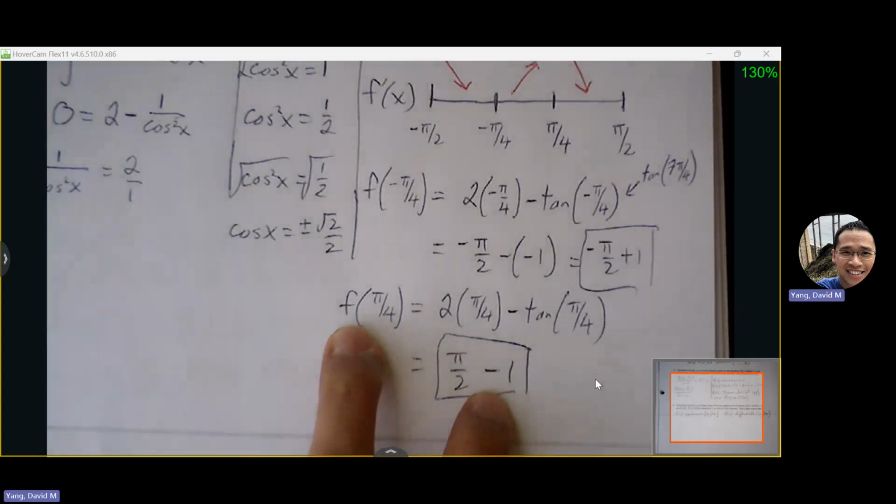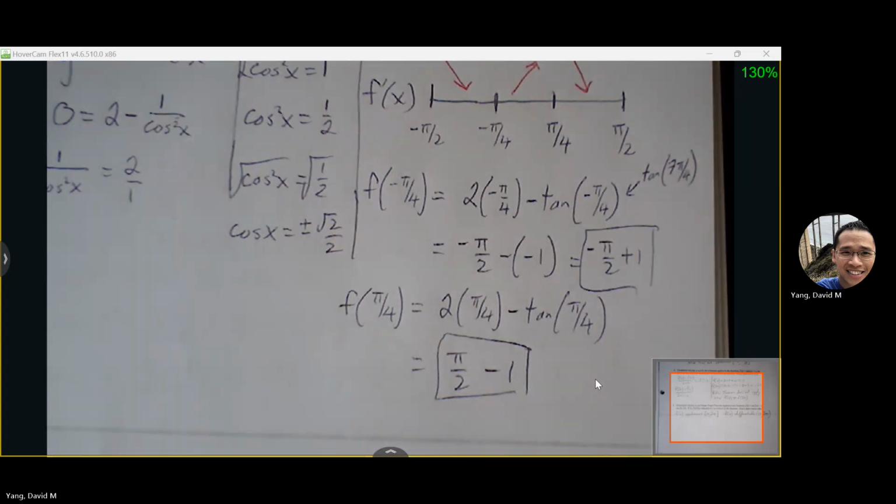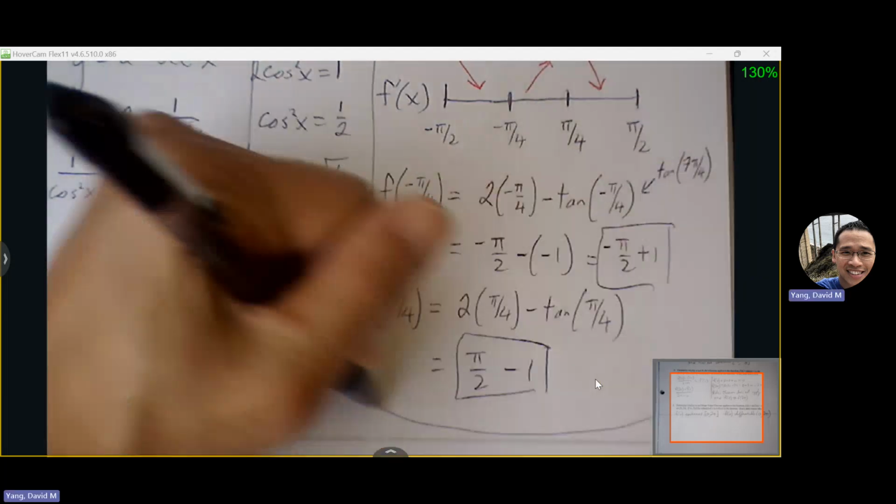That's the location of our relative max. Okay, we found everything that we need to find from our derivative. Now let's move on to the second derivative.